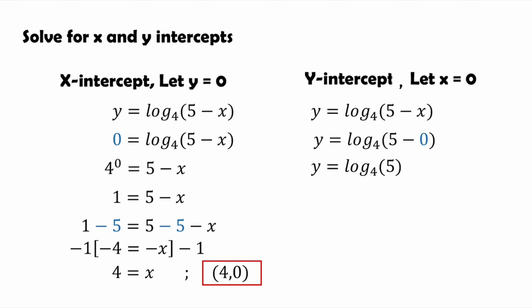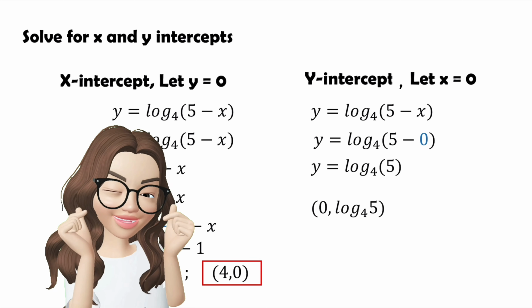Since we know that logarithm of 5 with the base 4 will give us a number in a decimal form, we will just write it as logarithm of 5 with the base 4. Therefore, our y-intercept will be 0, logarithm of 5 with the base 4.